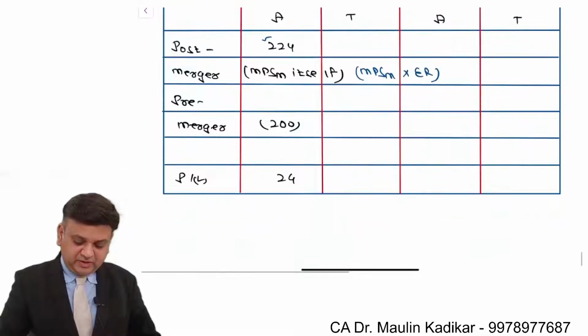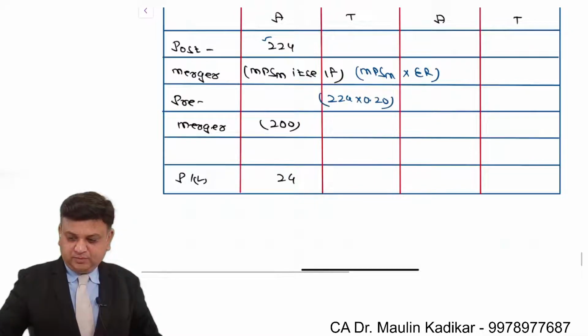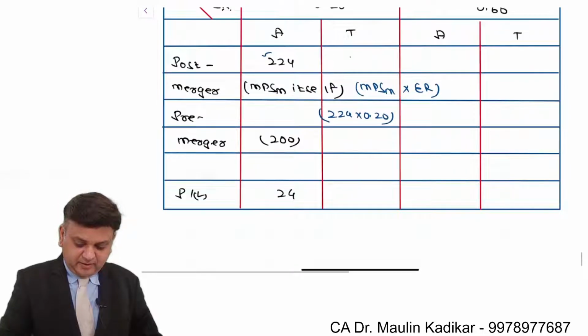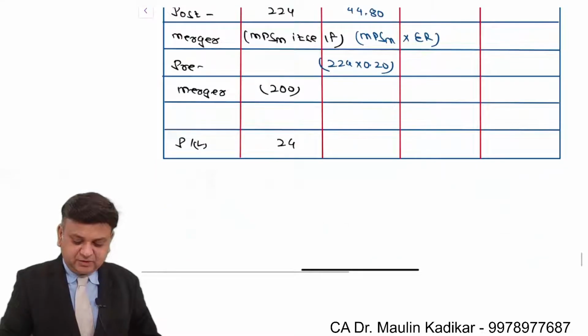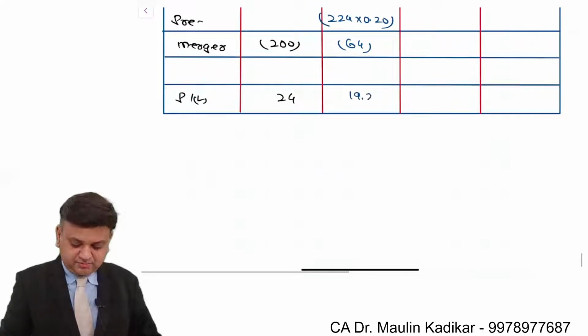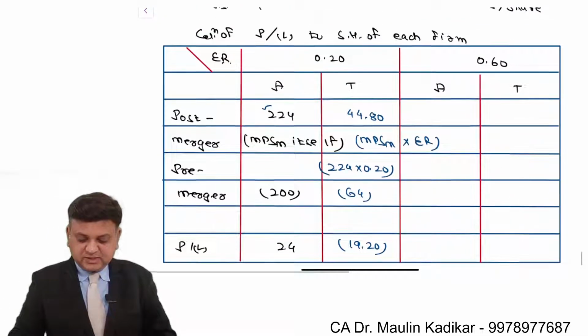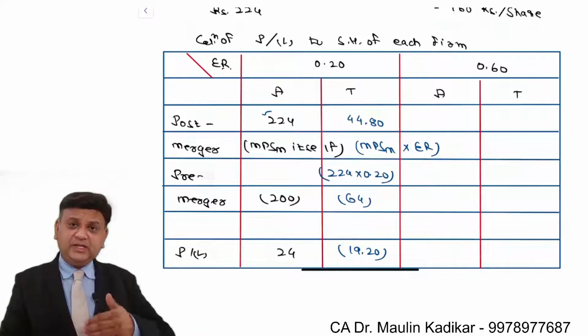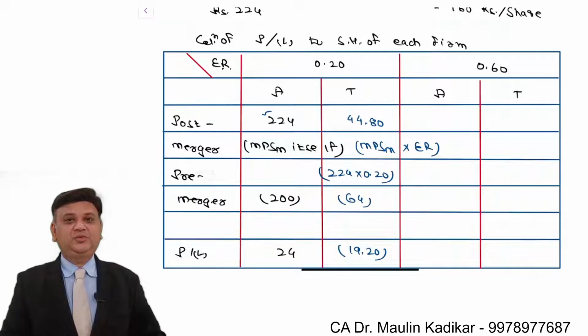So it is 224 into 0.20. That comes to 44.8, minus MPS of T before merger, which is 64. So it is 19.2 and that is a loss. This is the way we'll make the calculation of the profit or loss to the shareholders of each company for the exchange ratio 0.20.